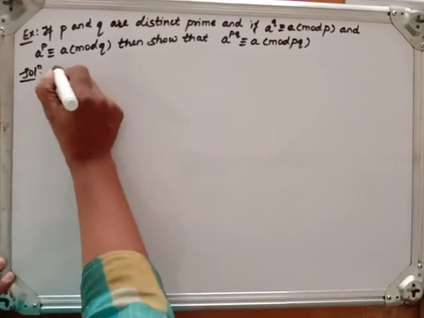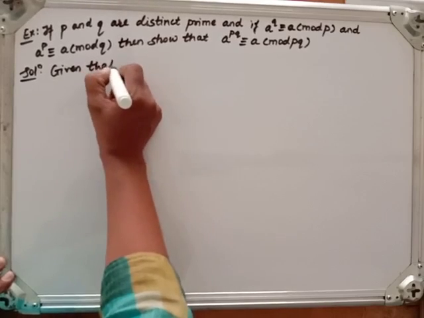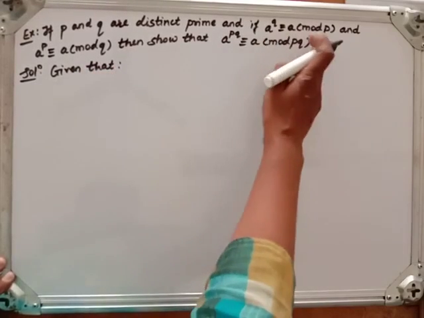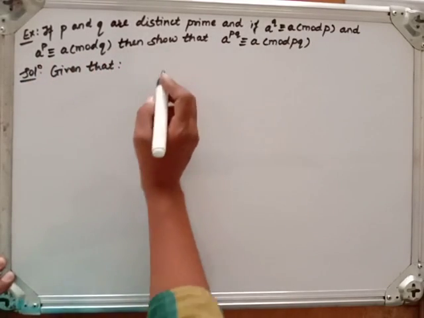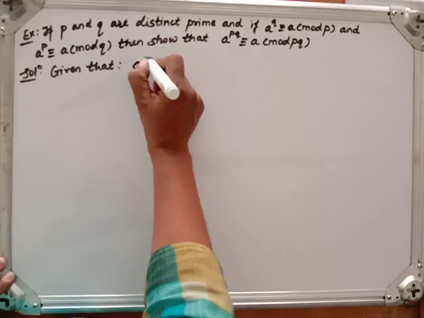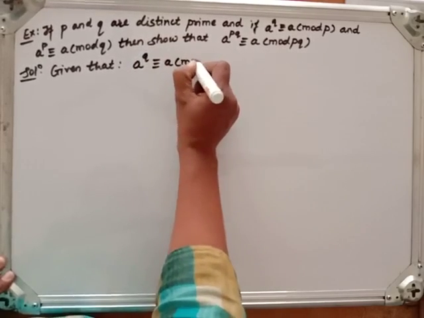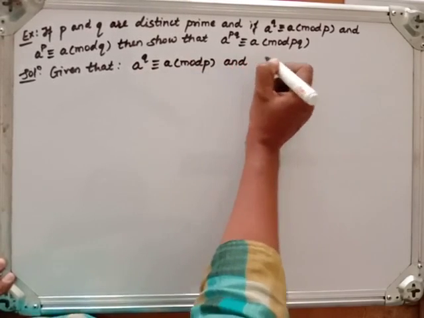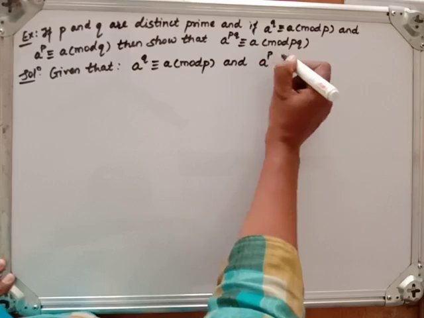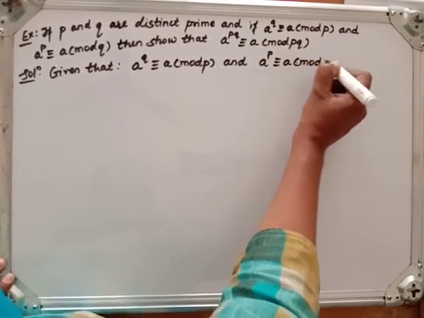Solution. What is given to us? Given that a raised to q is congruent to a modulo p, and a raised to p is congruent to a modulo q.